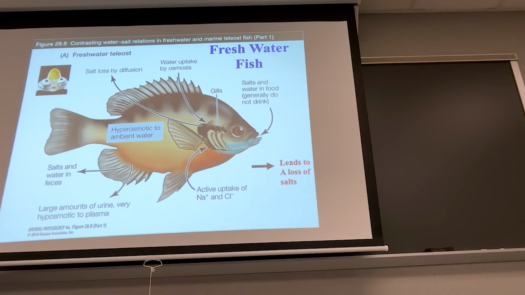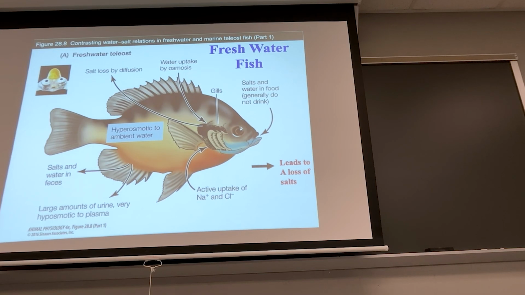And so they are always going to be taking water on, right? Water is going to be rushing in to their interstitial fluid wherever it can get in. They have impermeable skin. Their skin, their epidermis, is waterproof. No water moves over their skin. They don't drink water, okay? Now they will ingest water, right, when they eat things.